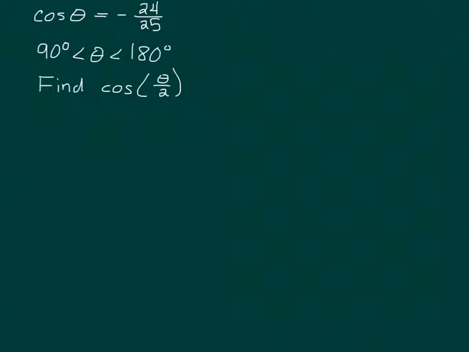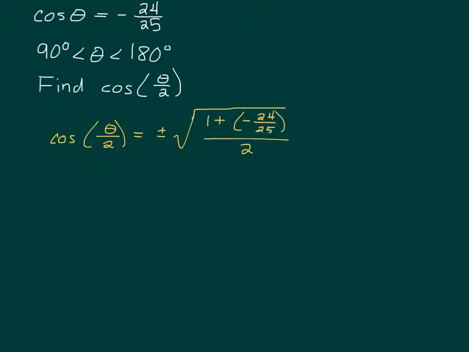But by the formula, cosine of theta over 2 is plus or minus the square root of 1 plus cosine theta all over 2. So then we can simplify.